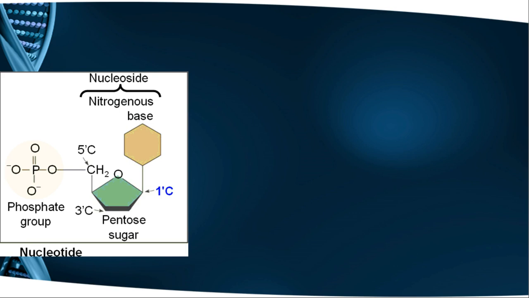Okay, so nucleic acids are made of nucleotides. Those are the building blocks of nucleic acids. And a nucleotide is a molecule that consists of a phosphate group, a 5-carbon sugar, which is why it's called a pentose sugar, and then you have your nitrogenous base.